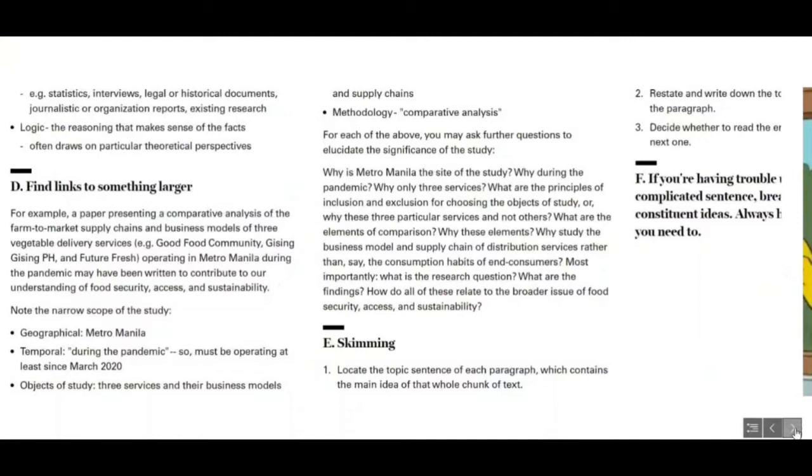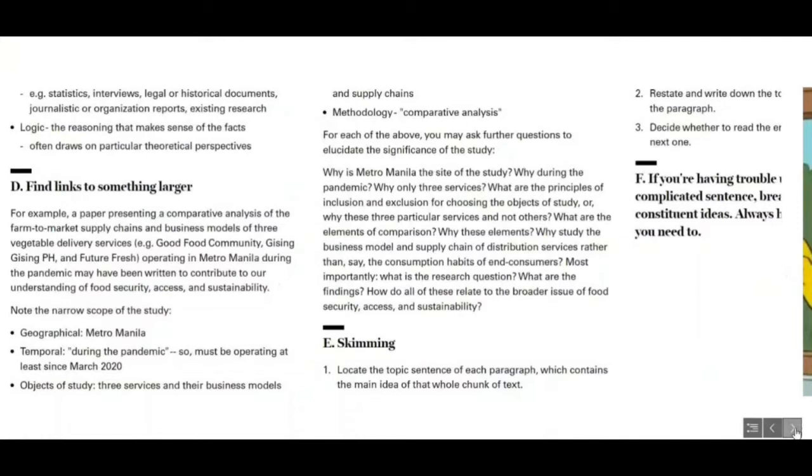So one way of narrowing the scope of your study is narrowing the geographical focus of your study. So instead of looking at food security in the entire Philippines, which is very broad, you can just identify a particular city or particular area, in this case, Metro Manila. Or I remember during our last discussion, somebody brought up the question of how can I make my contribution to this course community relevant to my own community, di ba?